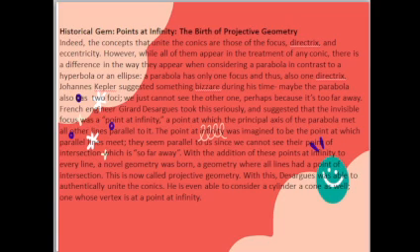However, while all of them appear in the treatment of any conic, there is a difference in the way they appear when considering a parabola in contrast to a hyperbola or an ellipse. A parabola has only one focus and thus also one directrix. Johannes Kepler suggested something bizarre during his time: maybe the parabola also has two foci. We just cannot see the other one, perhaps because it's too far away.